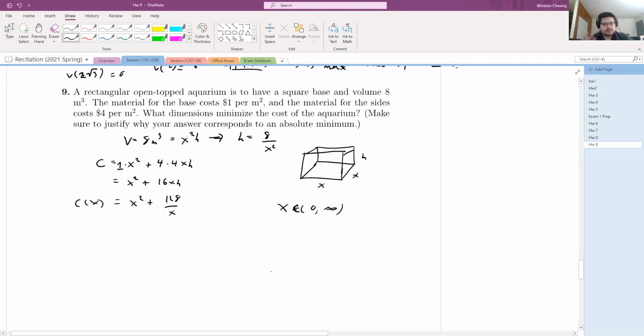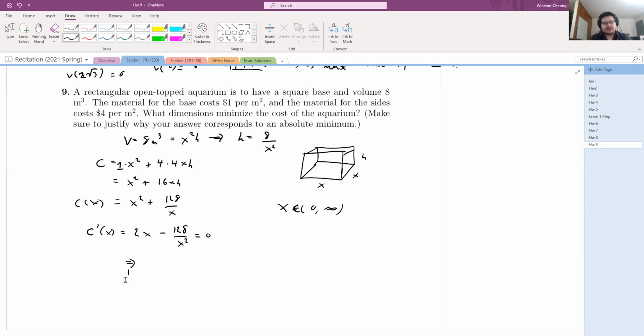Right. And so let's see what we can do. Just like normal, we would still try to take the derivative, set it equal to 0, and solve to optimize this thing. 128 over x squared is what you would end up getting. When you try to solve this, the better technique is actually to try consolidating the fractions on the same side.